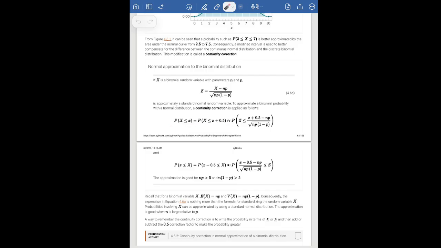And with our probability taking over all of its values up to x, then here you're going up to x plus another 0.5. Then you can have this as approximately this value here.